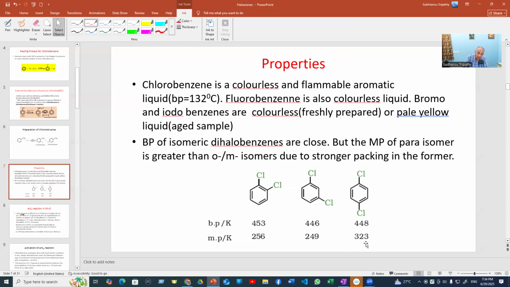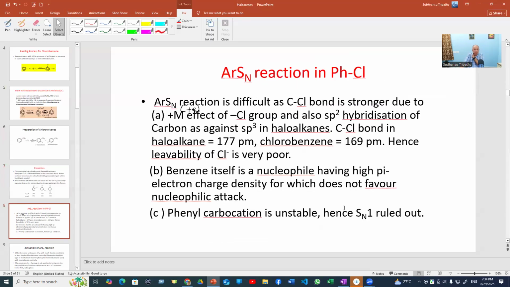But in melting, the van der Waals force is maximum in para. Therefore, para boiling point is less than ortho. But in melting point, the para has a higher melting point than ortho. In both the cases, the meta has the lowest value both in melting and boiling.